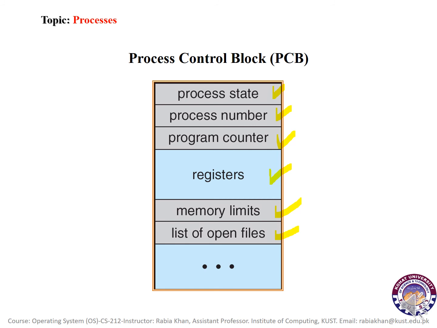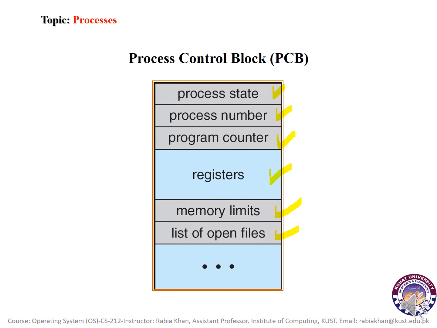You give the link of the directory for the execution or for the help of your application. So any files which are required by this process, and which will help in its execution, all that list will be stored. The names and their locations, their addresses, will be stored in PCB.